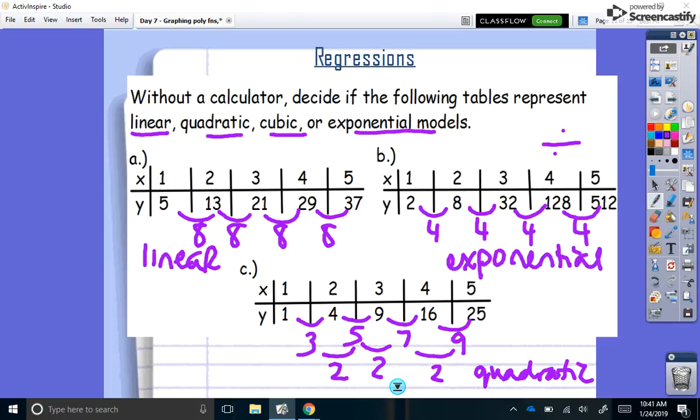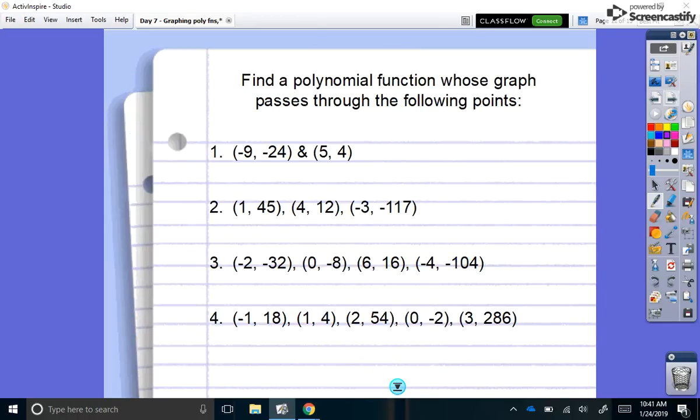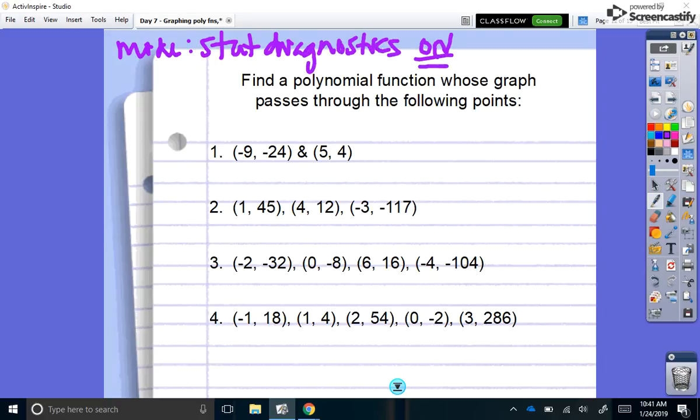Next, I'm going to show you in your calculator how to determine which model to do. So what I want you guys to do, if you don't already have your graphing calculators out, get them out. And then you need to check the mode of your calculator. So hit mode. Make sure that your stat diagnostics are on. If you have a newer calculator, you can do this just by hitting mode.